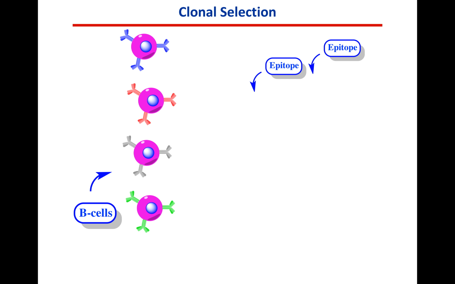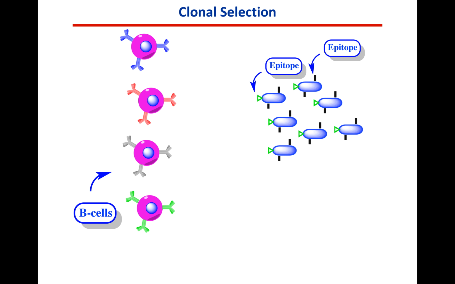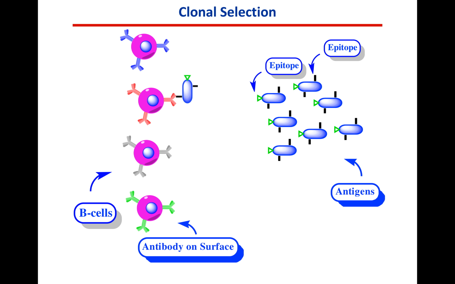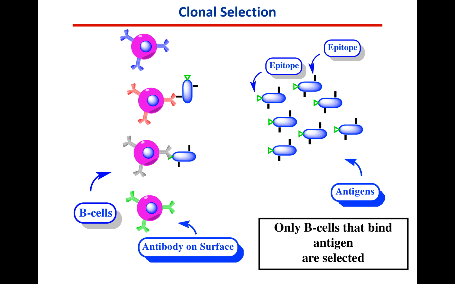Now, I just want to review that we talked about clonal selection last night. It had to do with the fact that each B cell is able to bind to one antigenic determinant, defined by the antibody that each B cell produces.